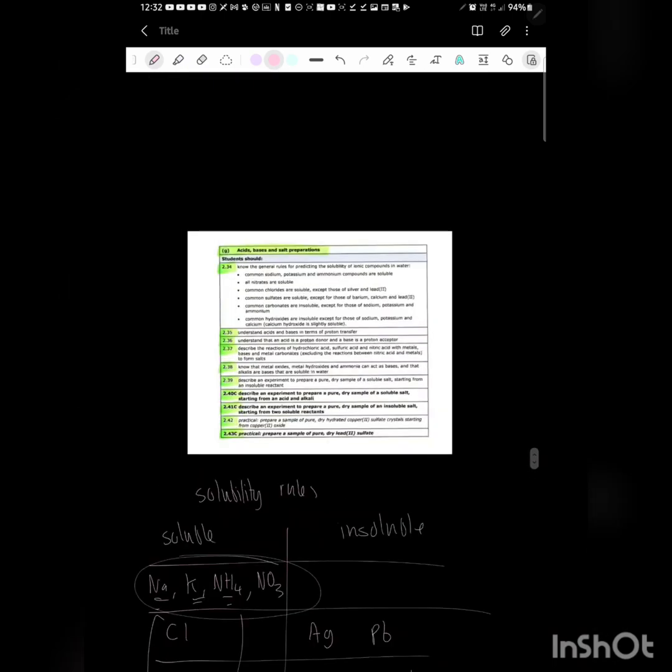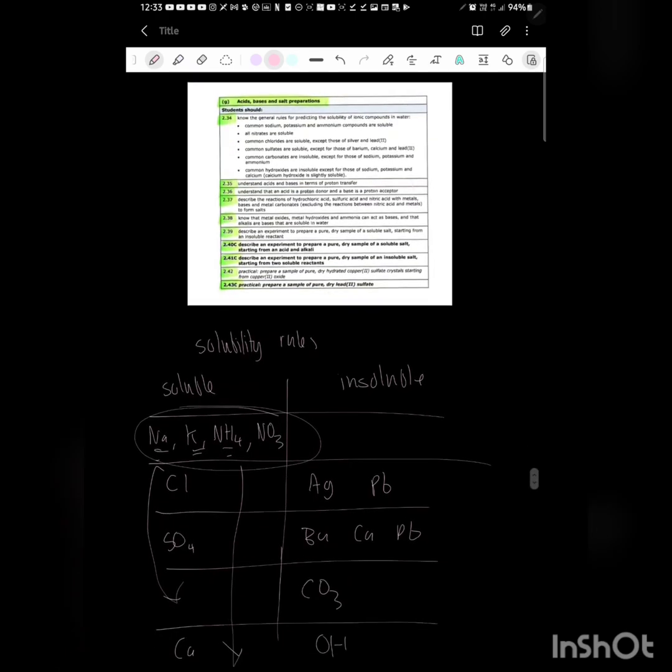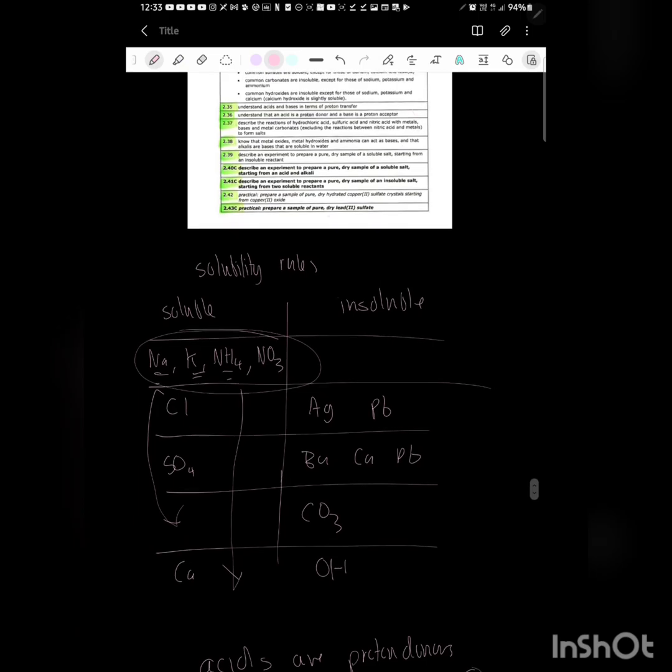Okay, so your next point. Oh wait, these two were basically what I was just talking about. And so the reactions of acids with metals. Okay, so this one's just about knowing the general formulas and everything as well. So, what do we need?